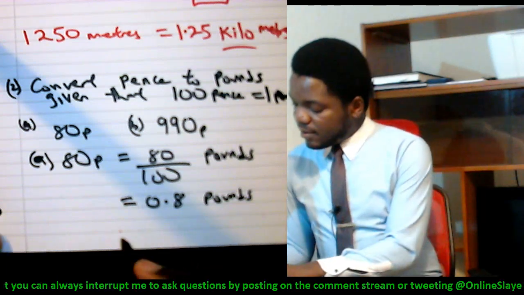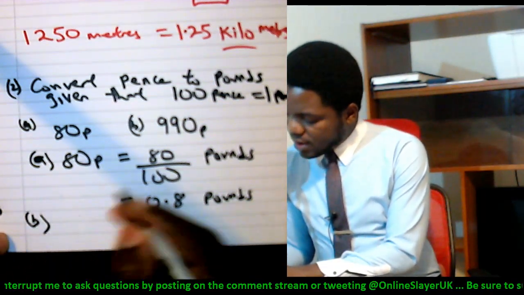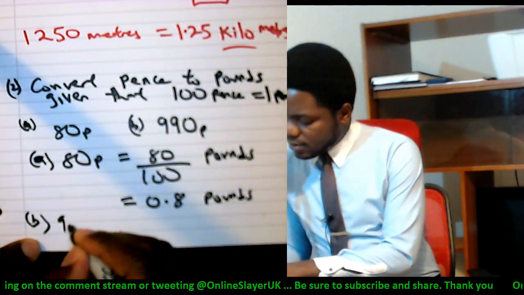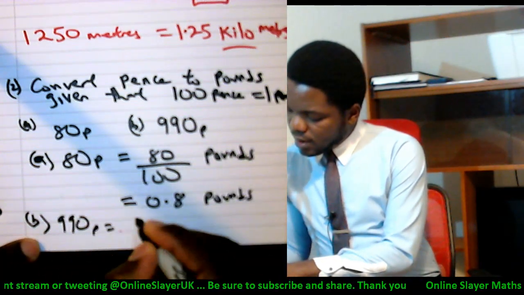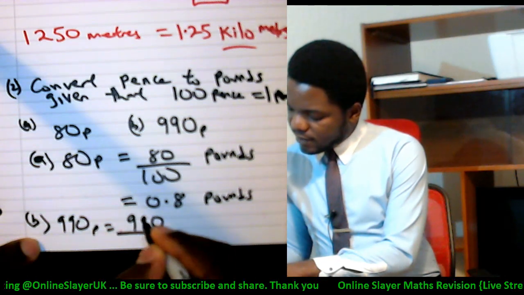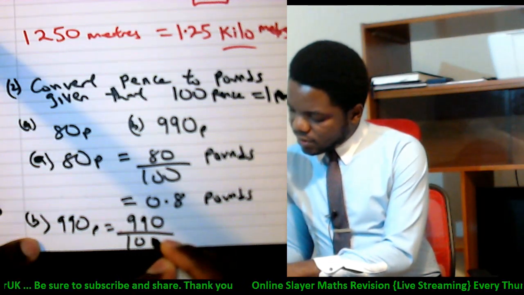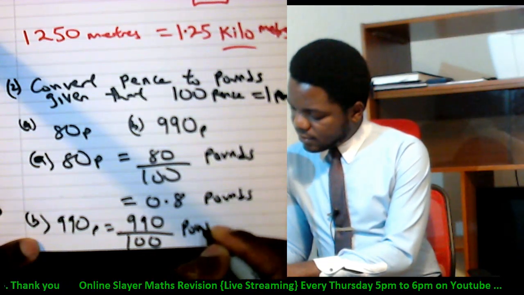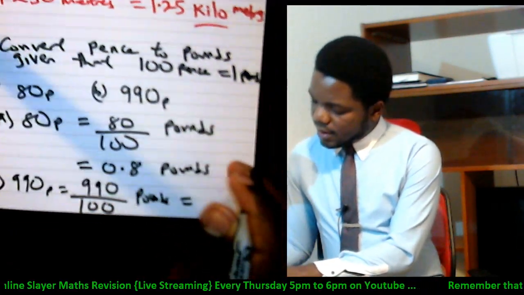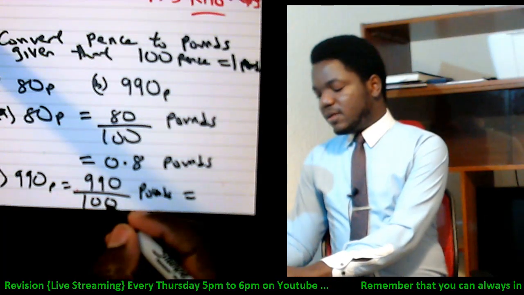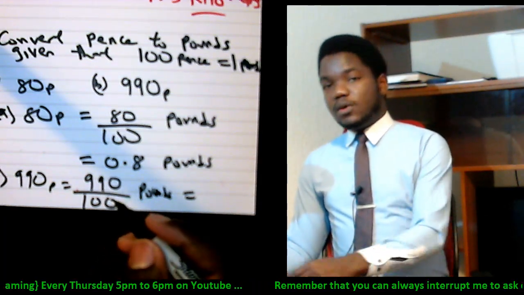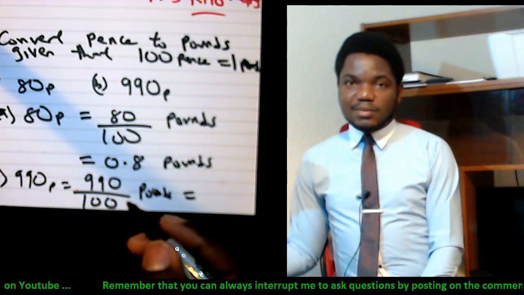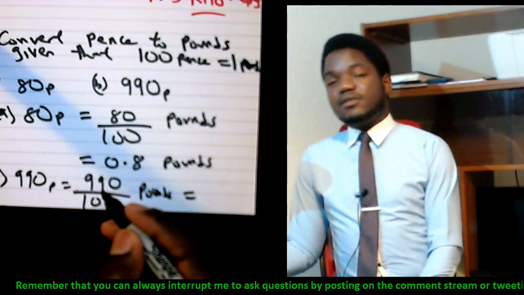Okay, so the second part of the question, 990p to pounds, is going to be 990 divided by 100 pence, and that will give it to you in pounds. And if you divide this by 100, if you remember what we did about converting fractions to decimals, if you've got 2 zeros, then you're going to have 2 decimal places.